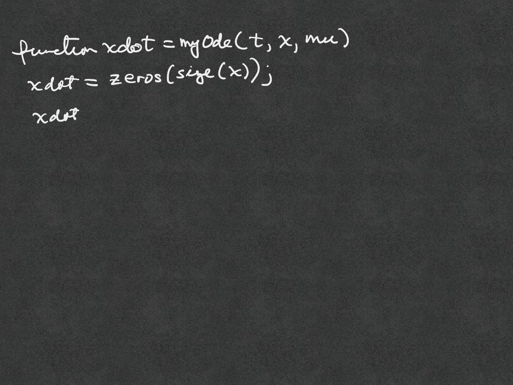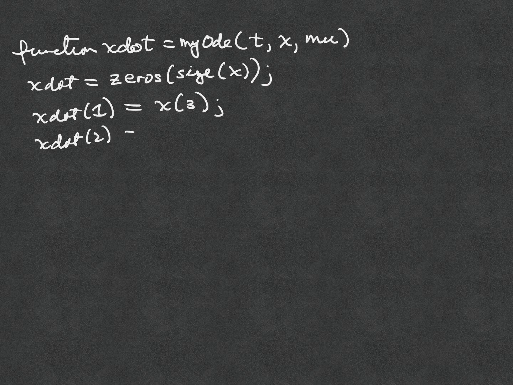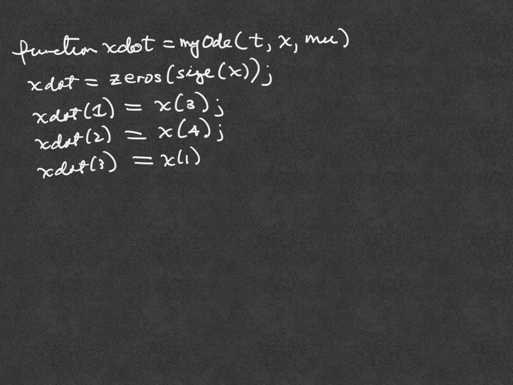X dot of 1 is equal to x of 3. X dot of 2 equals x of 4. X dot of 3 equals x of 1 star x of 4 squared minus mu divided by x of 1 squared.